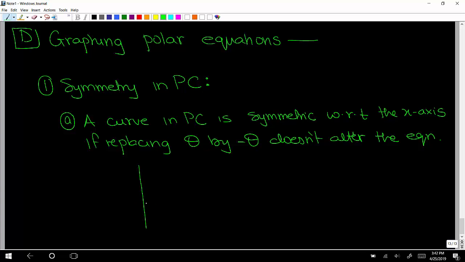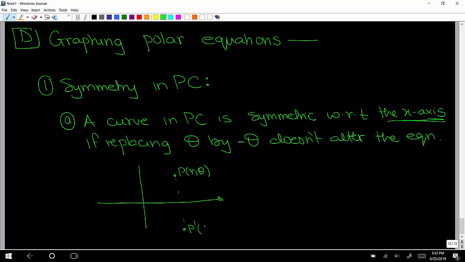So what does that mean? That basically means this. So if I have a point here P, which is r theta, that means that we're talking symmetric with respect to the x-axis, so there's another point here. I'll call it P prime, and that's going to be what?